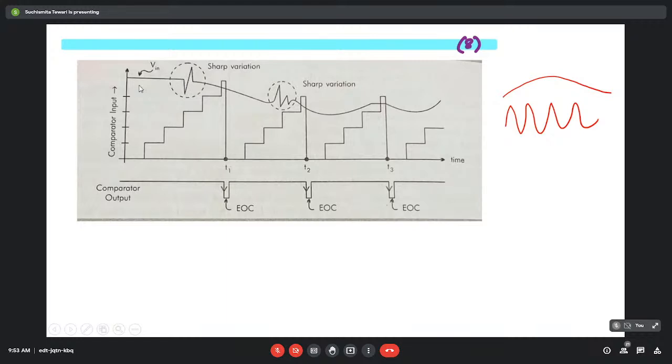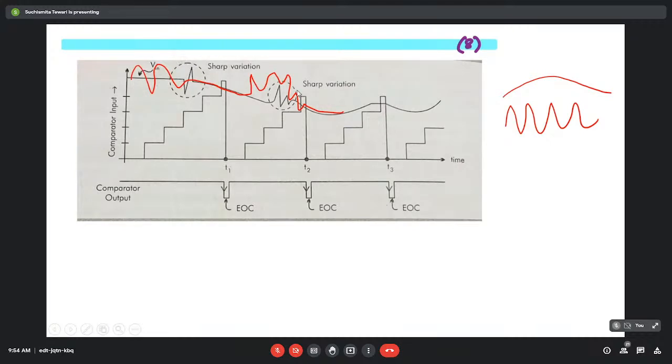So if some kind of sharp variation like shown here has taken place in this time or in this time, it won't be detected by this kind of analog to digital converter. So here, if the change is like here, or alternatively, suppose it is like this, these changes won't get detected.